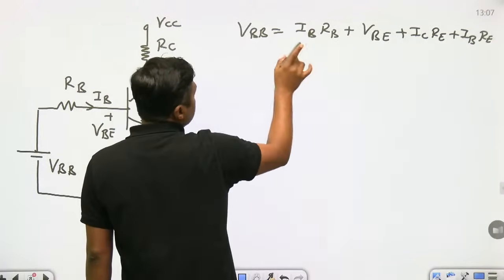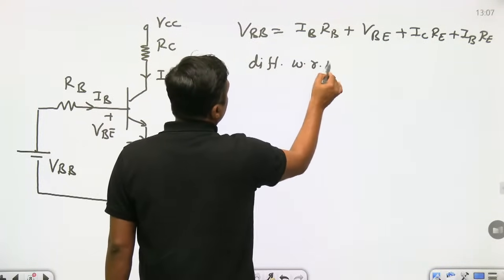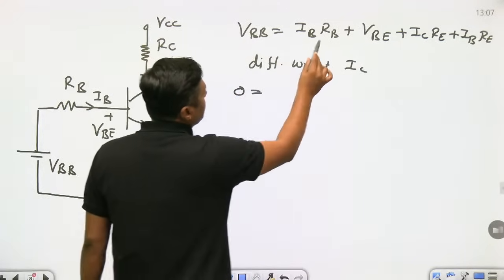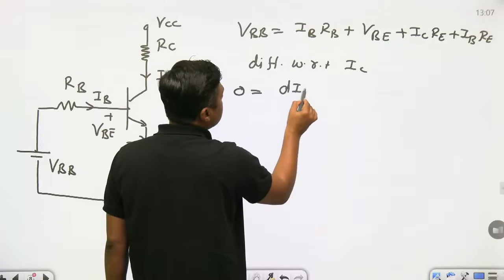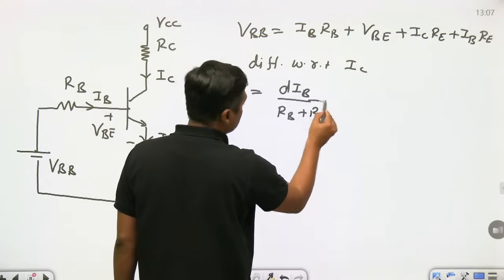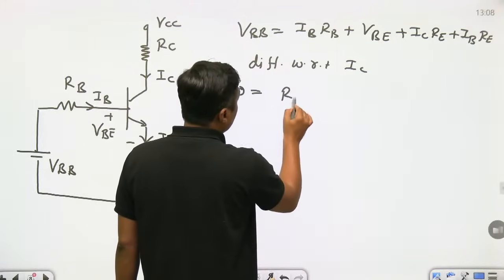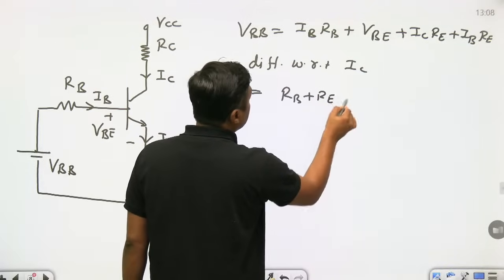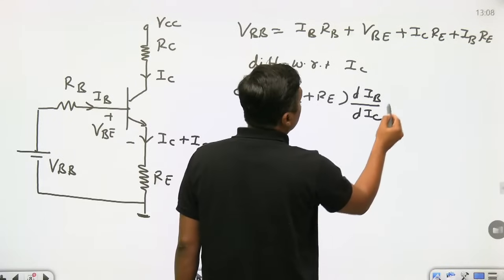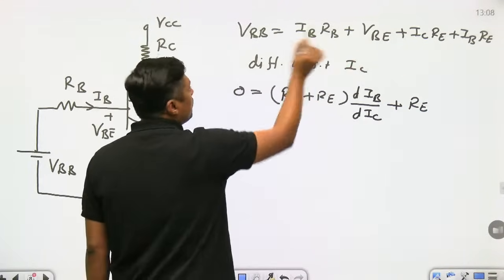Now differentiate with respect to IC. You will get 0, then RB plus RE DIB by DIC plus RE, because the differentiation of IC is 1 and the differentiation of VB is 0.